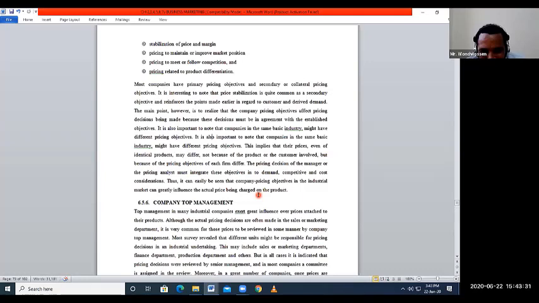Unless top management approves or confirms the price, it will not be implemented, even if it is developed by either the marketing or sales department. So whenever we make a price decision about an industrial product, we have to consult the top management, or we have to consider the top management expectation or will, or sometimes it could be instruction.